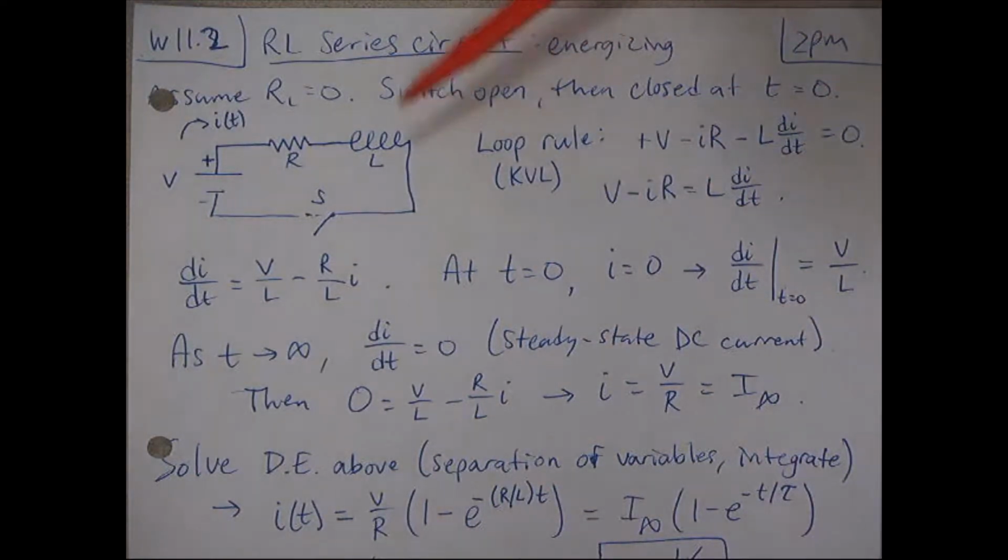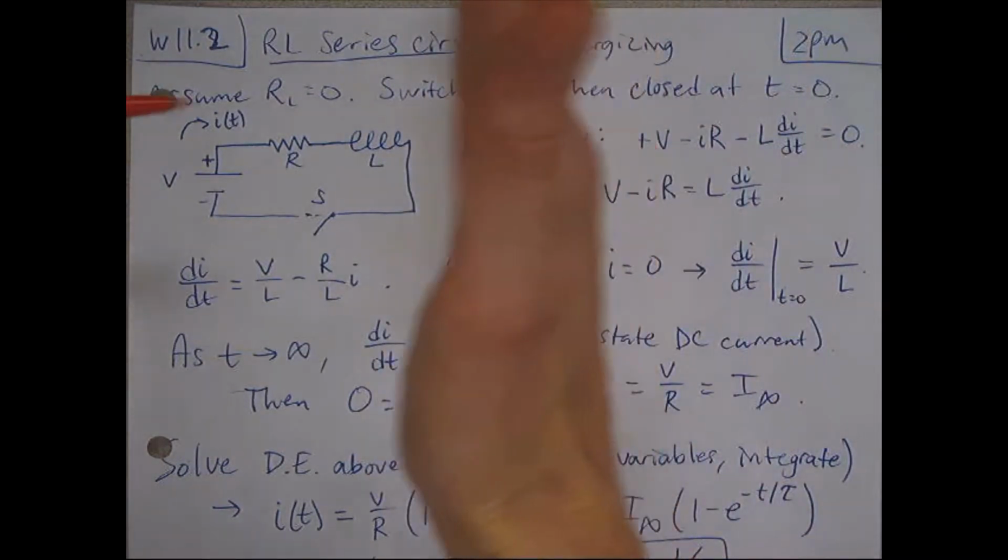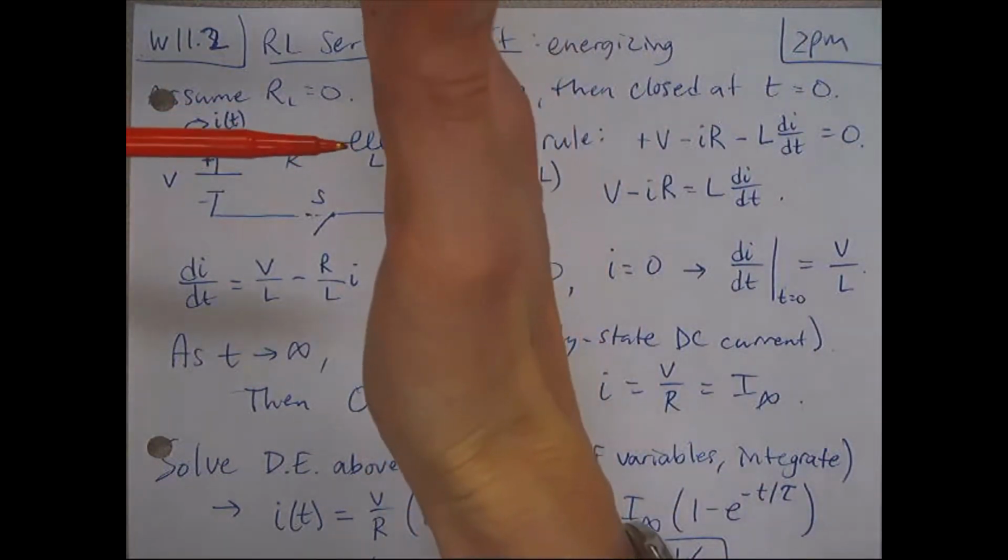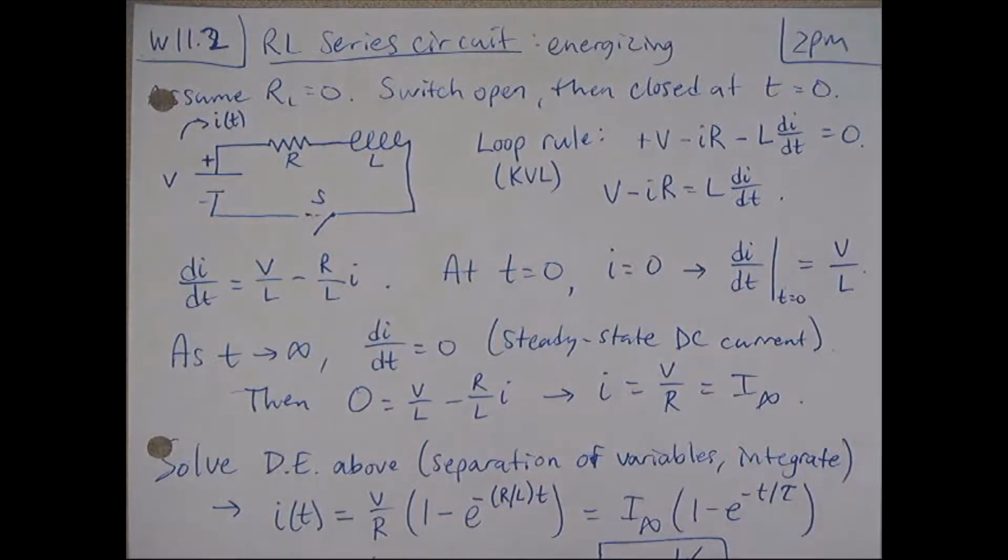It's acting as a wire when you have steady state current, and it acts as an open in the case where current is rapidly changing in that first instance when you close the switch.